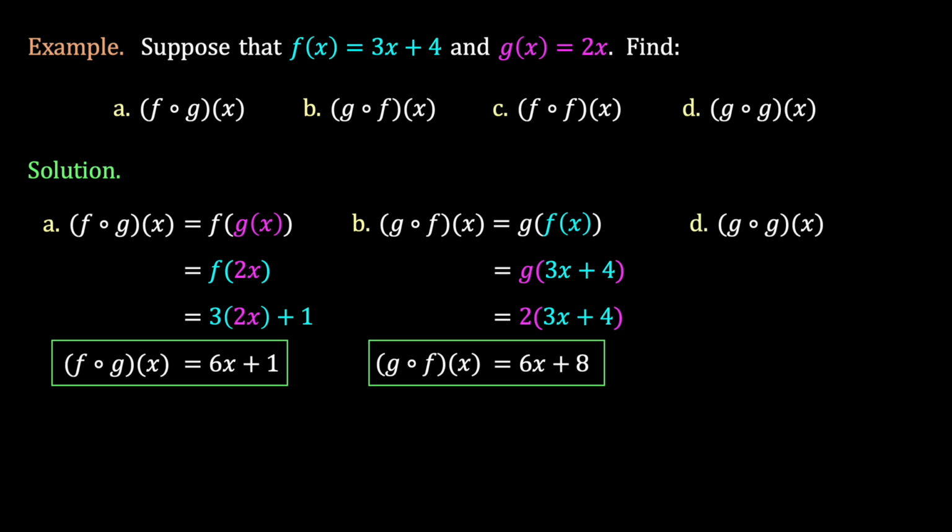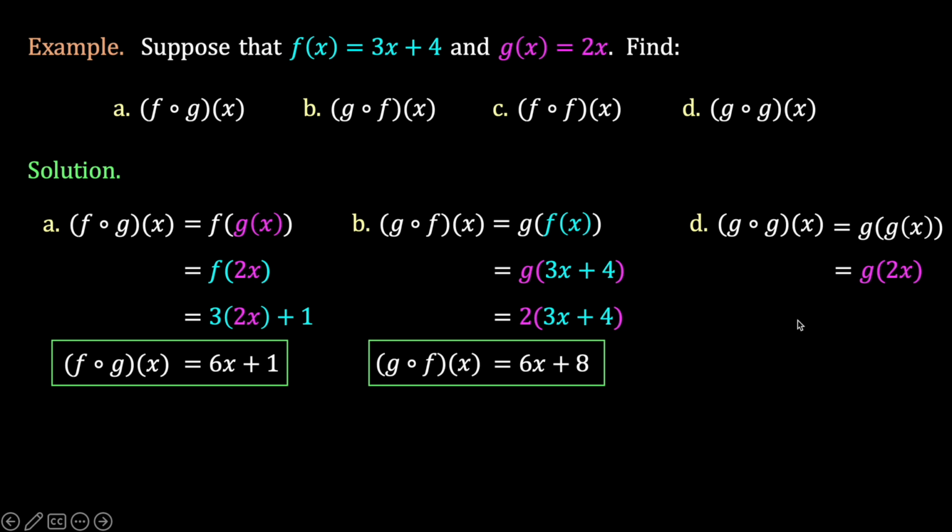Now, let's have letter D, which is g circle g of x. This is equal to g of g of x. But take note that g of x is just equal to 2x, so we will label this as purple. Now observe that we have, once again, a g on this part. And since g was labeled as purple, we will label this as purple as well. g is equal to 2x.